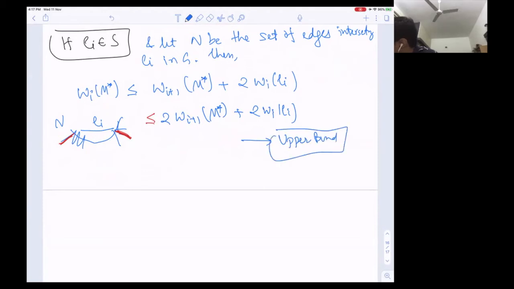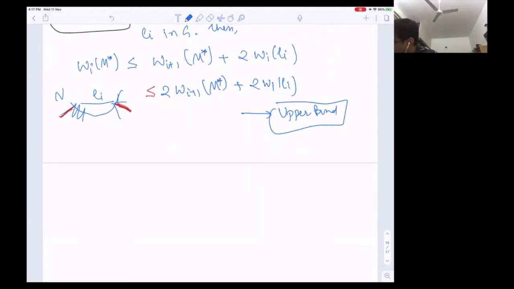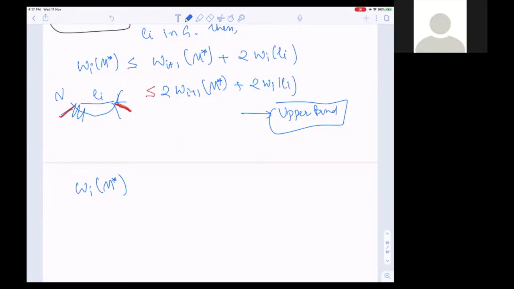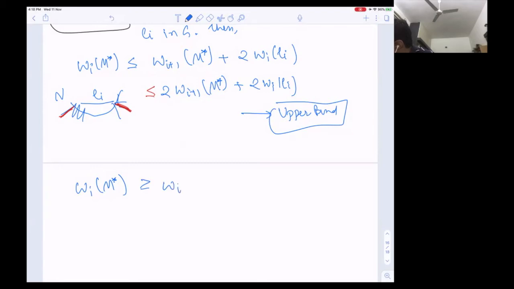Now I'm going to show a lower bound on w_i of M star. Can M star not contain any edge from N? Is it possible that M star doesn't contain any edge from N? No, it is not possible, because you have a positive weight edge e_i.